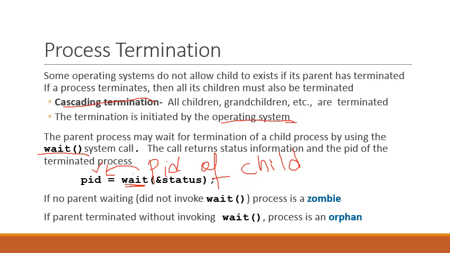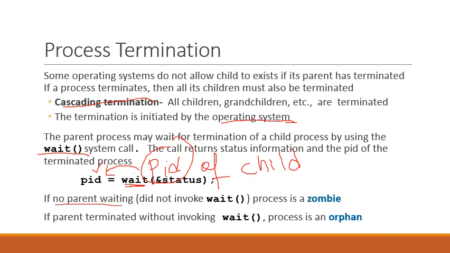It is not its child B that has finished its execution. So this is indicated by the process ID of the child. So the wait system call returns the process ID of the child to the parent. So this is the way a parent could know which of its children has finished its execution.